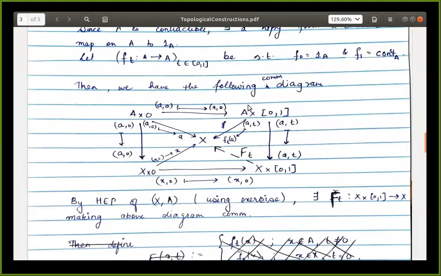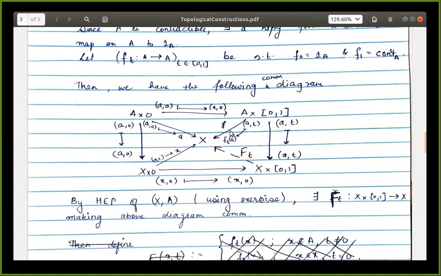All these maps that are there in this picture are continuous. And just check that if you're taking (a, 0), this particular triangle is commutative: it sends any (a, 0) to (a, 0), which comes to F_t(a), and (a, 0) means F_0(a), which means a, okay, and (a, 0) comes to a. In this diagram, it's anyway commutative. These are all inclusion maps.